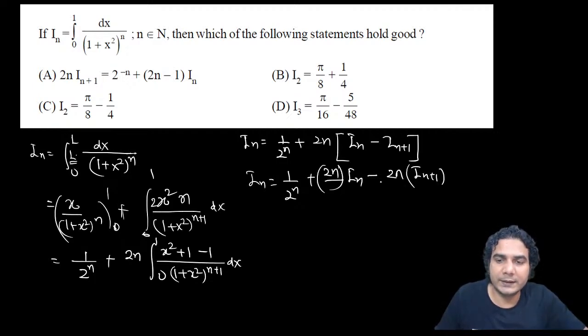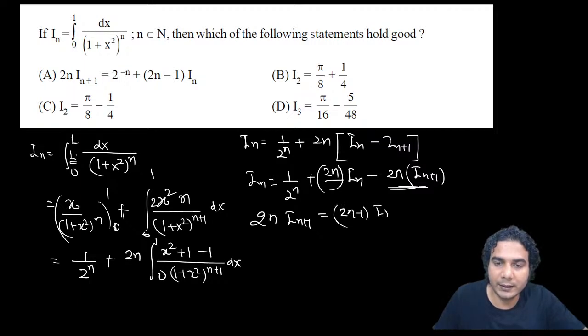All right. Now bring this 2n into In+1 to the left hand side. So 2n In+1 = (2n minus 1) into In plus 1 upon 2 raised to n. Okay. So that is the relation you are getting.